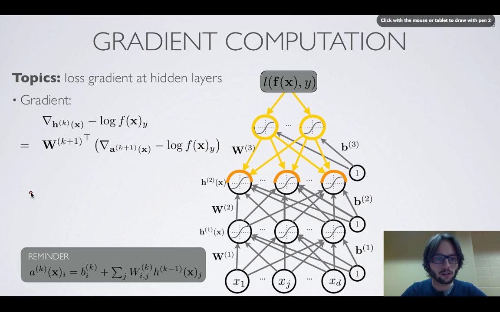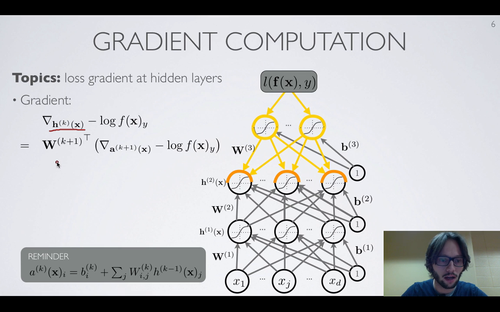Now, if I want the gradient, so if I want the vector of partial derivatives for all activations in the hidden layer k, then all I have to do is take my whole matrix, transpose it, and then multiply that by the vector of gradients for the pre-activation at the hidden layer k plus 1. And that's because the definition of multiplying a vector by a matrix is just multiplying that vector with all the rows of that matrix.